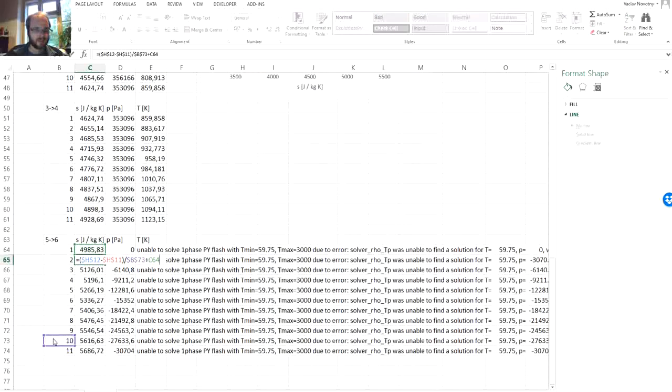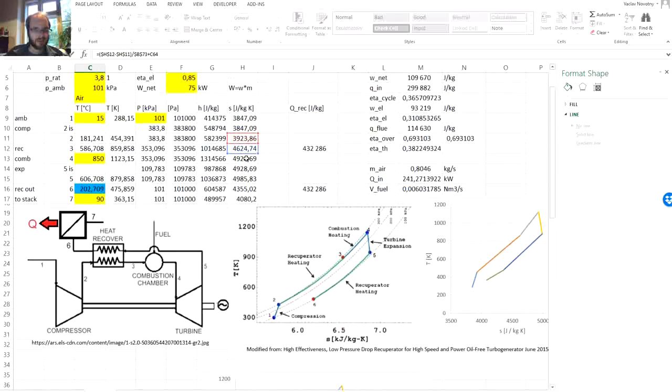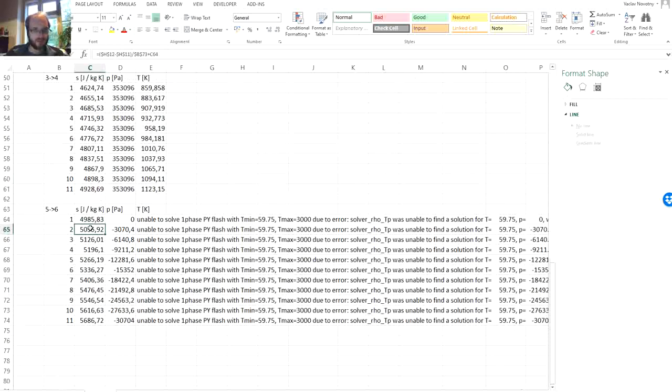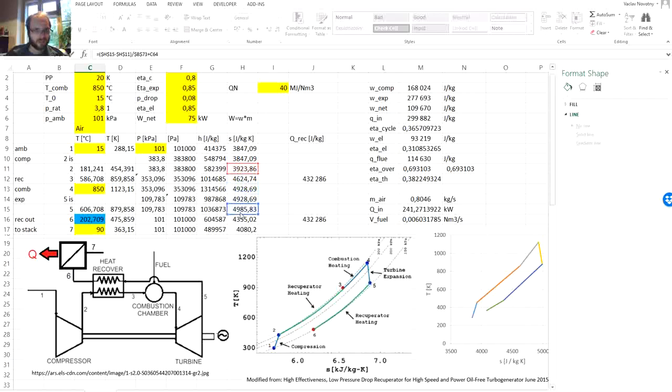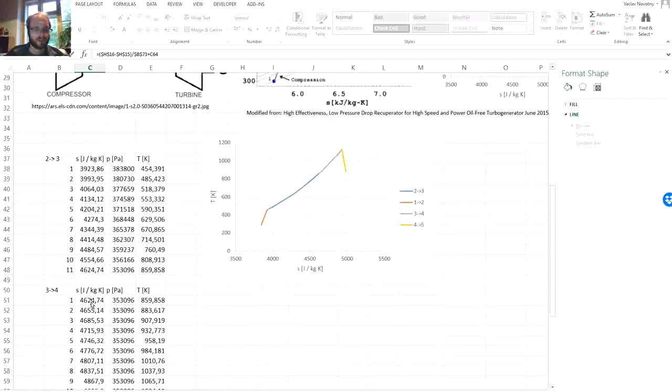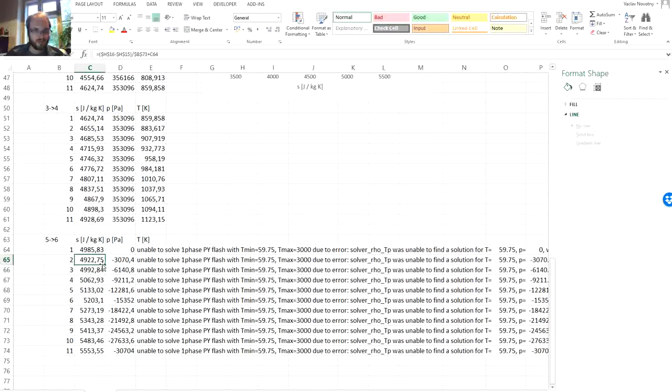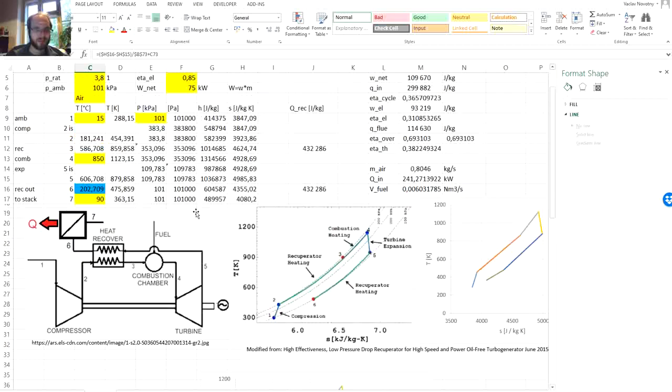And then 10 elements and the change between the entropy at point 5 and point 6 will get us point 6, which should be 4,355.